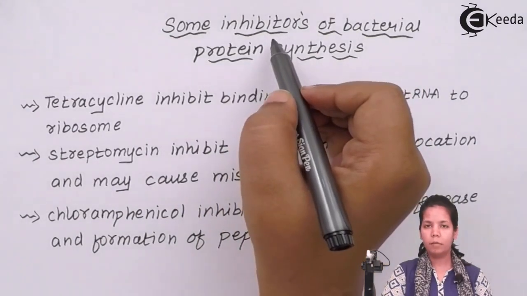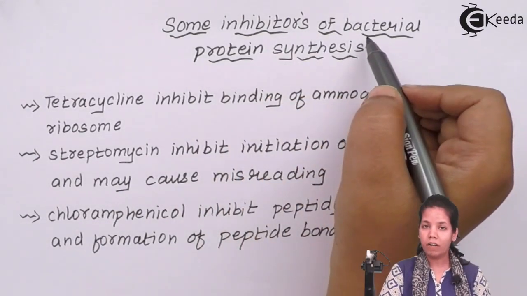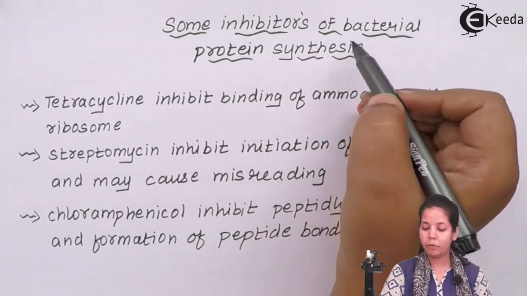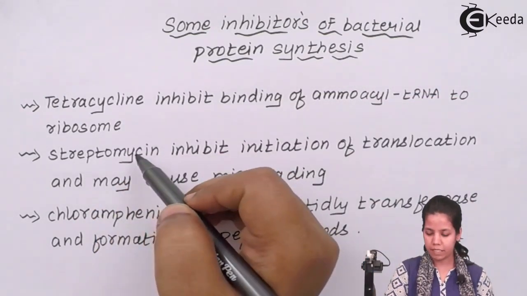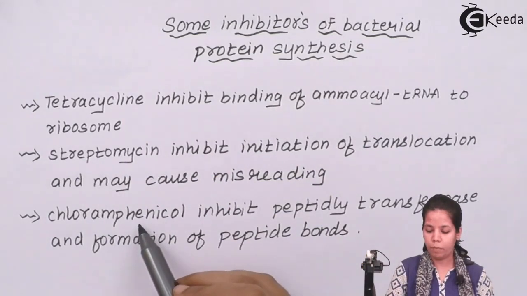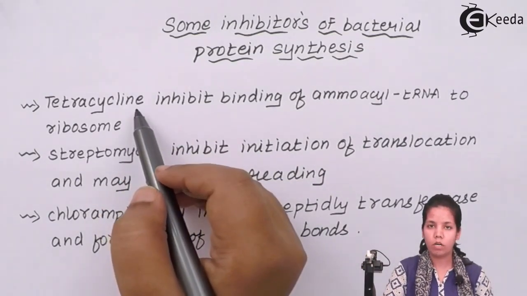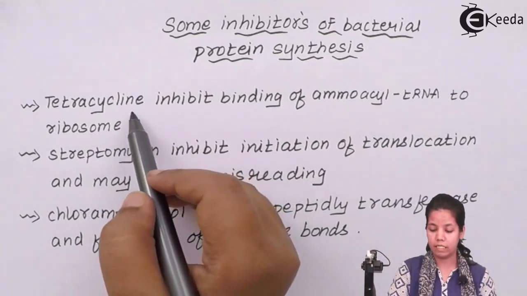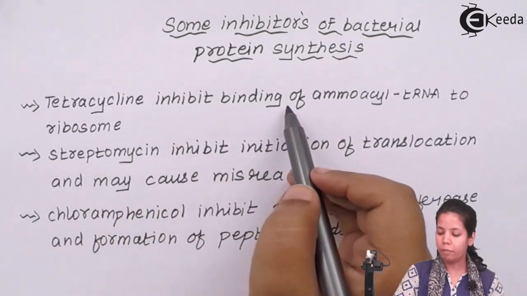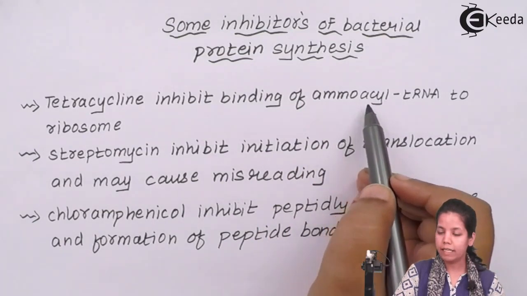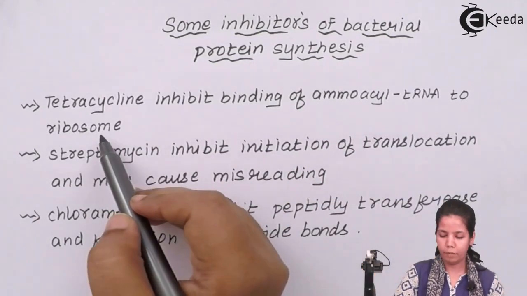Some of the inhibitors which function to stop the bacterial protein synthesis are tetracycline, streptomycin and chloramphenicol. Now how does tetracycline work to stop bacterial protein synthesis? Basically, tetracycline inhibits the binding of aminoacyl tRNA to ribosomes.